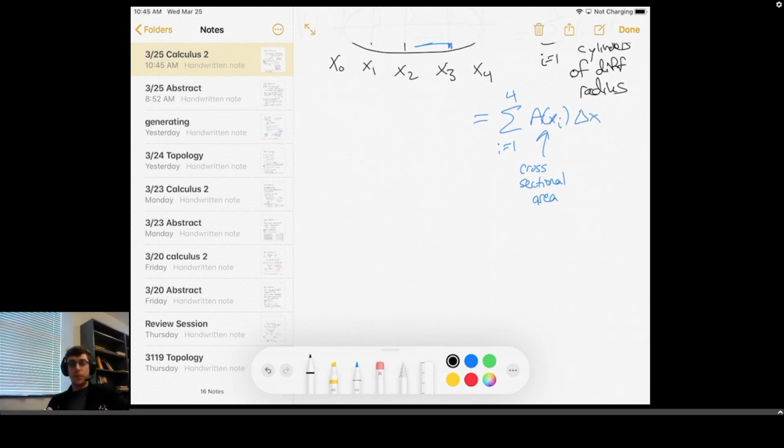So how does integration come into play? Well, you can kind of see here, right?